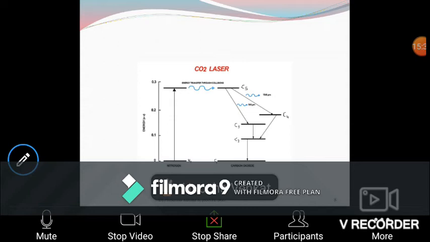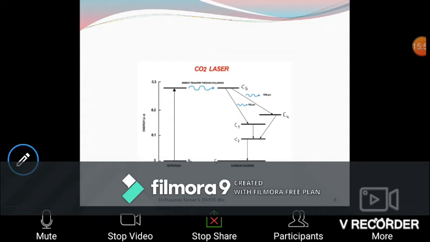When nitrogen collides with a nearby carbon dioxide molecule, it transfers its complete energy, the resonant transfer of energy, and the carbon dioxide is now at the excited state.